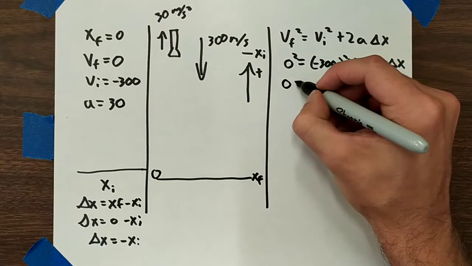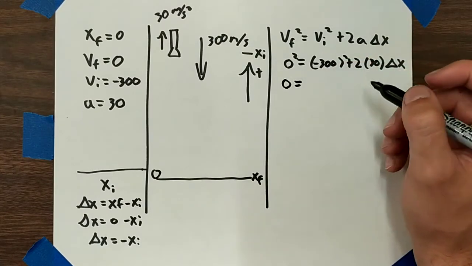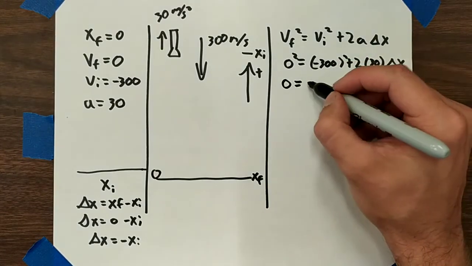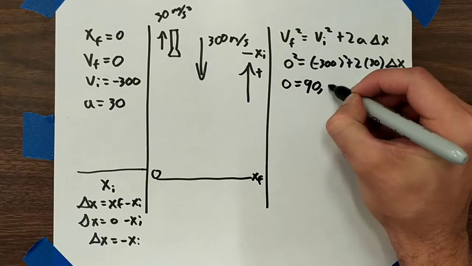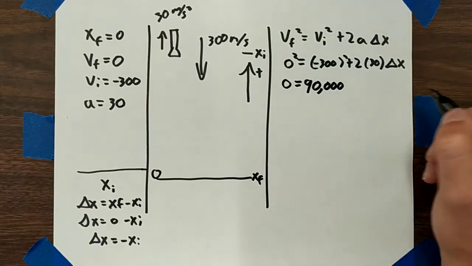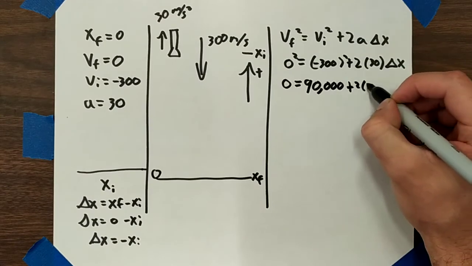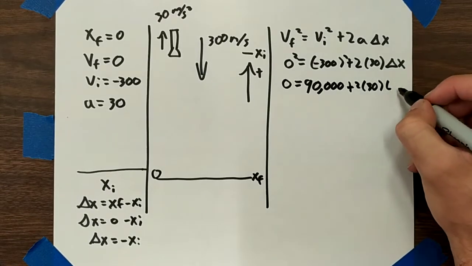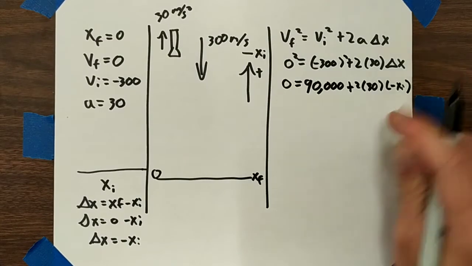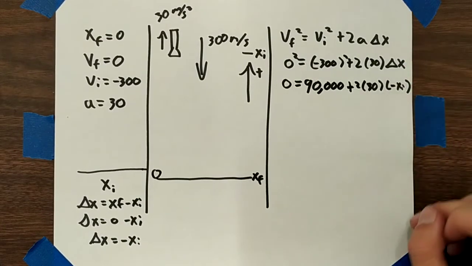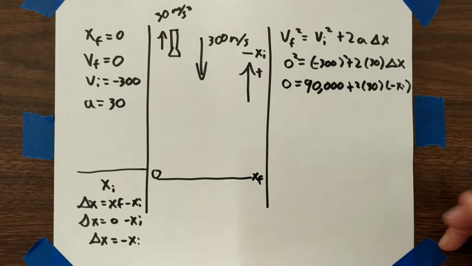So I'll rewrite this again. 0 squared is just 0 equals negative 300 squared. That's going to give me 90,000. And then plus 2 times 30 times negative xi. So what I did here is I replaced delta x with negative xi. All right, good.